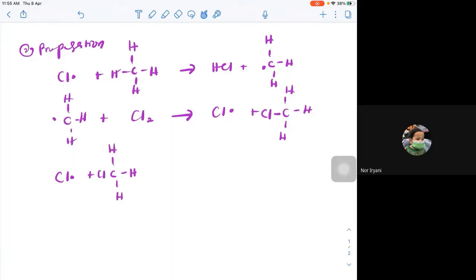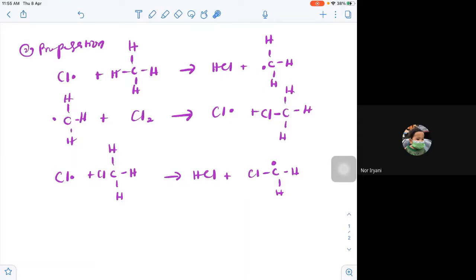So it will take another H, the second H in the structure, so that it turns to HCl plus the ClCH2 radical.